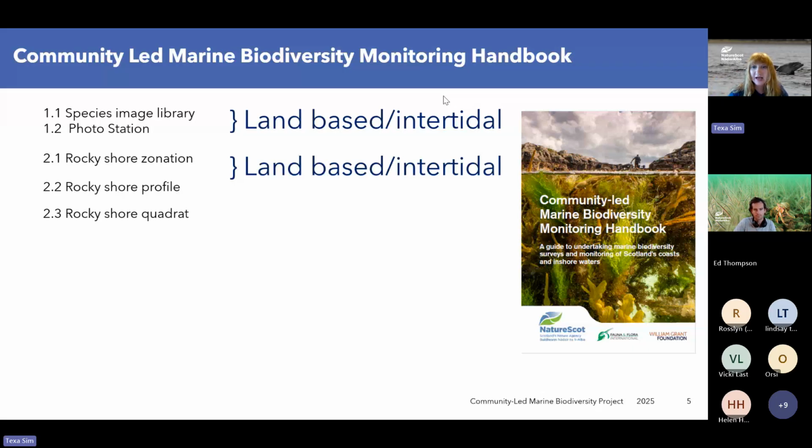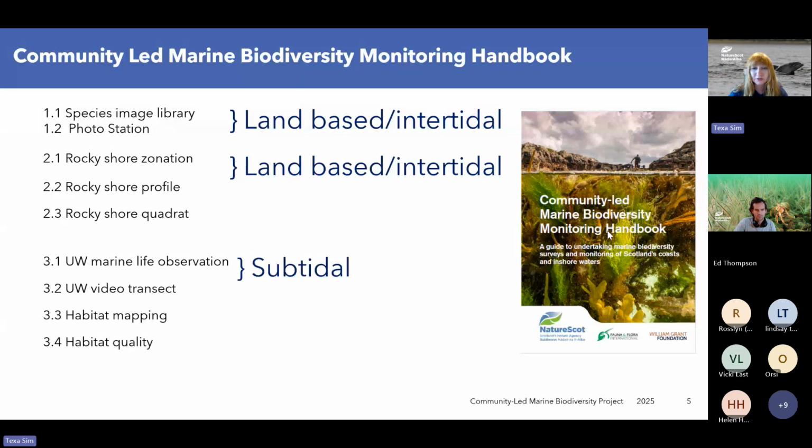So in the third category, we've got typically subtidal methods, which are a little bit more difficult to get organized, but they're really useful for the habitats that you can't easily get to on shore.